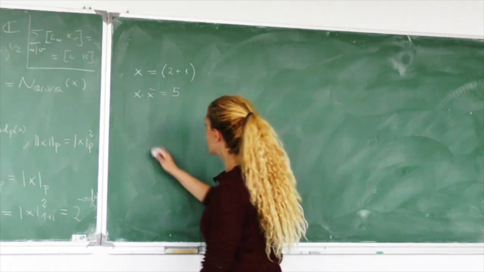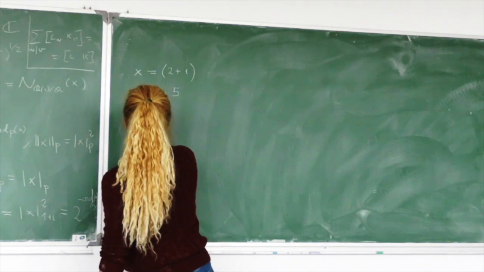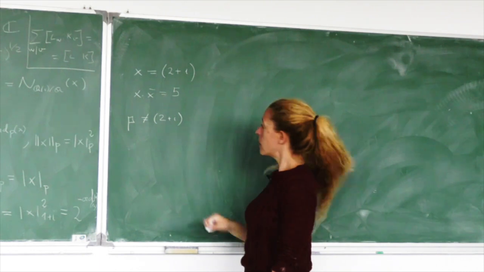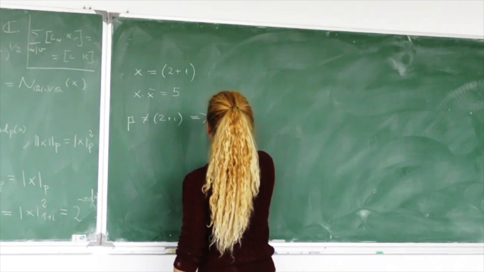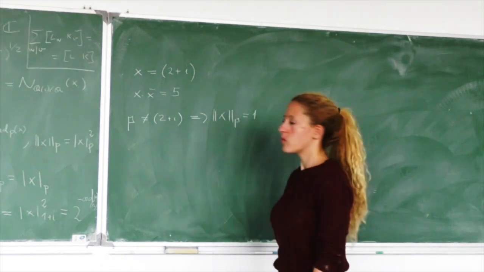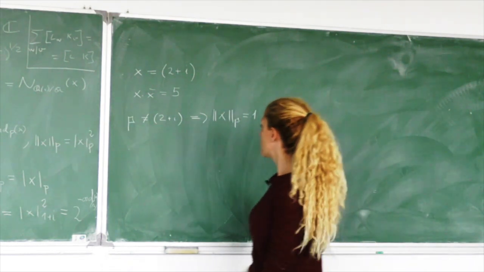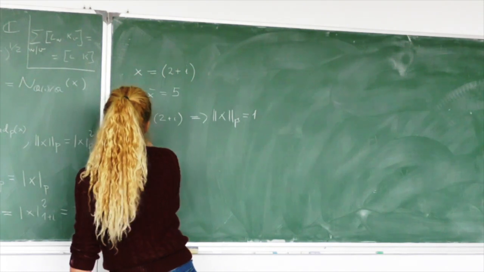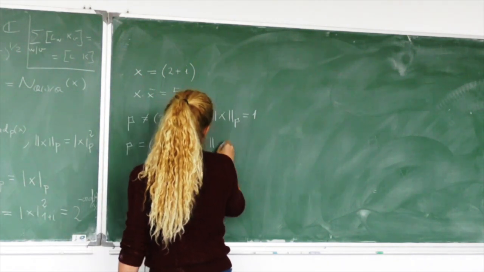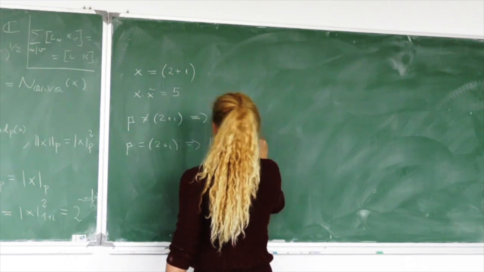So basically, if p is different from 2 plus i, then we get that this is equal to 1, because the prime is not dividing. If p is equal to 2 plus i, then what is the norm?